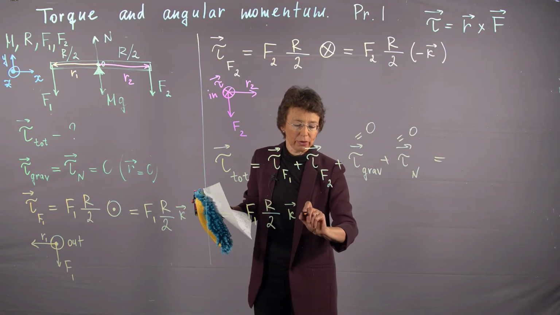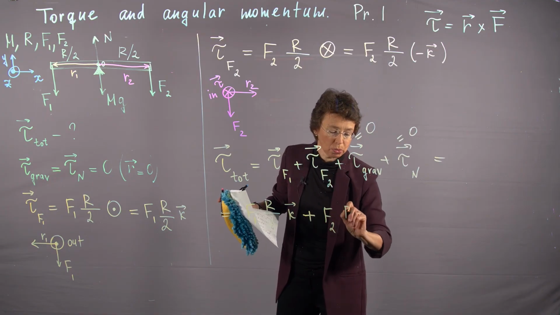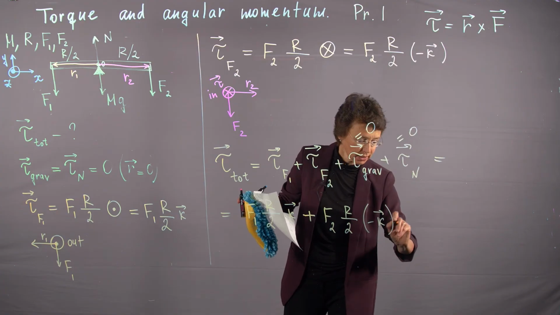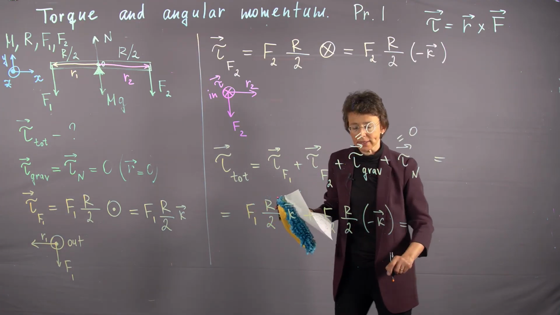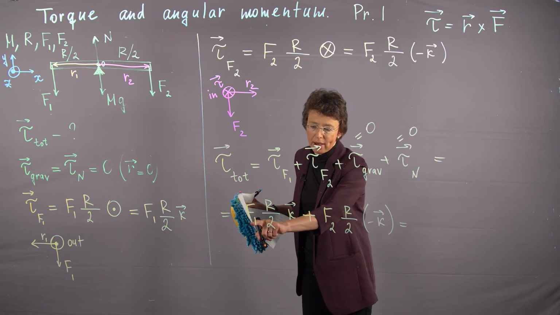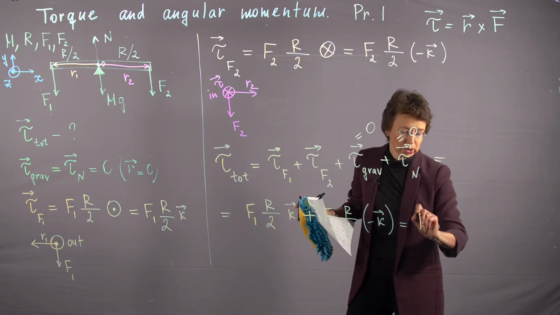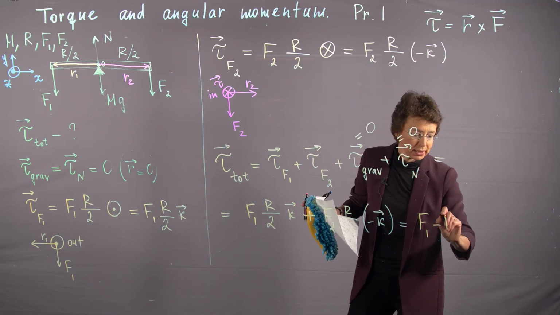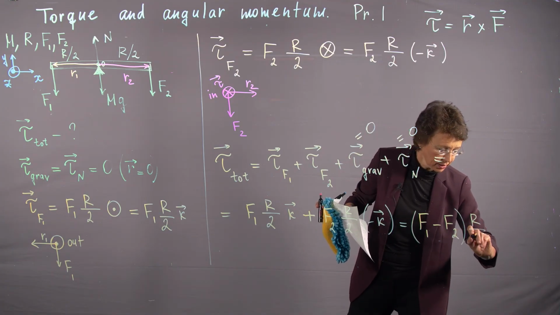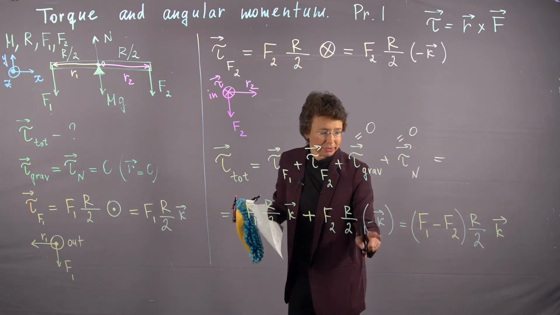The torque created by F2 is F2 R over 2 along minus k. I can factor out the minus and R over 2, so I have (F1 minus F2) times R over 2, times k.